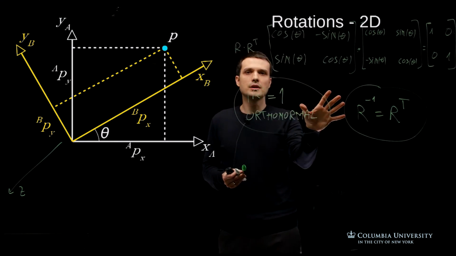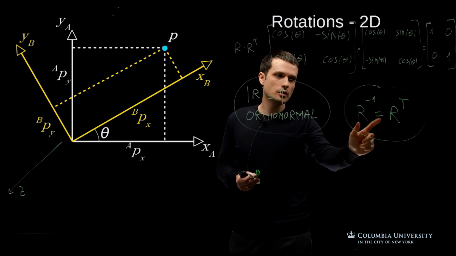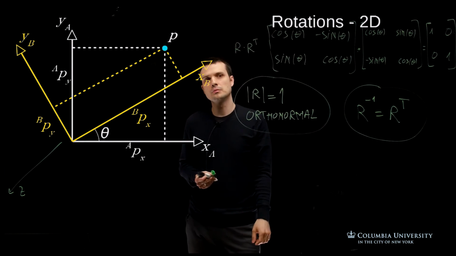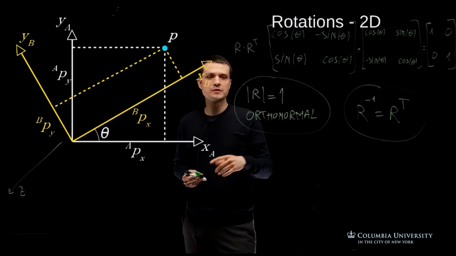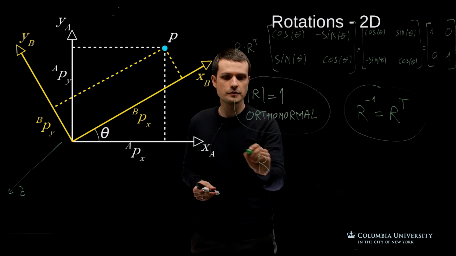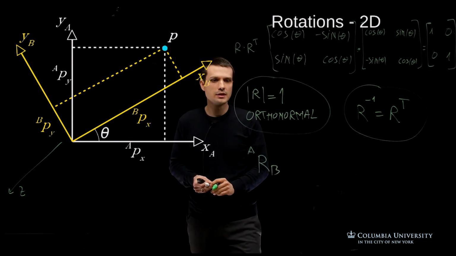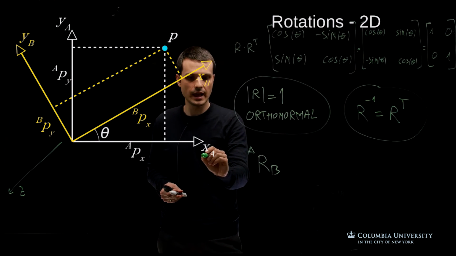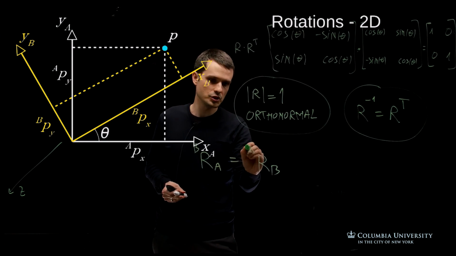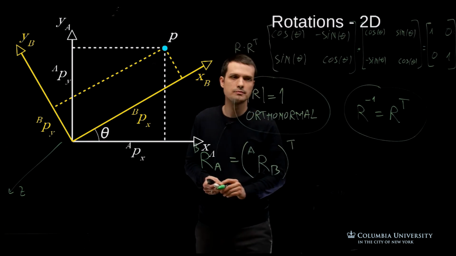So these are the ways in which you can tell a true rotation matrix. And this is also a very handy rule, because now if you have R, the transform going from A to B, then you can always very easily calculate the transform going from B to A, which is going to be the transform from A to B simply transposed.